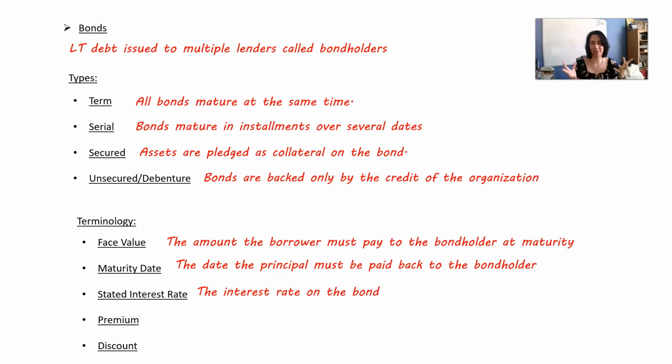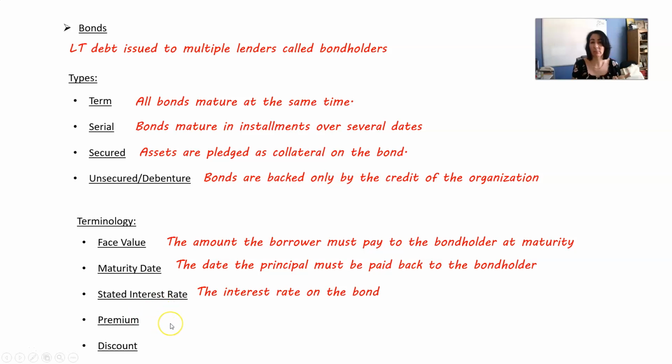I get that they're not on paper, they're electronic now, but it's easier to visualize on paper. So the bond would say, I owe you $5,000, bondholder, the maturity date when it's going to come due, and what the interest rate is that the bond issuer is going to pay to the bondholder.